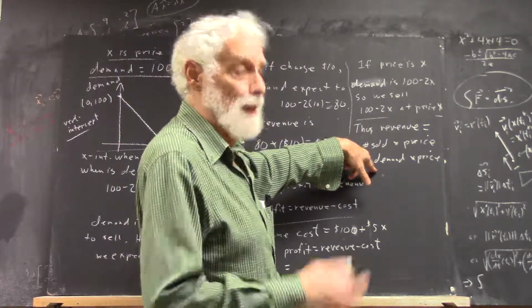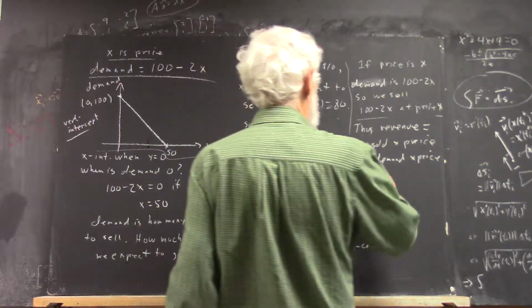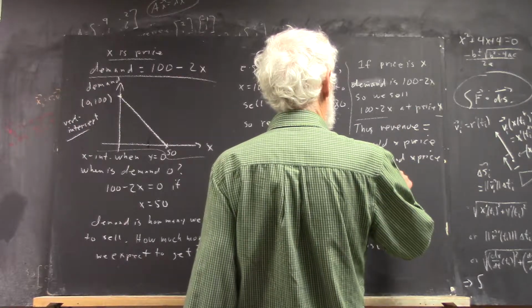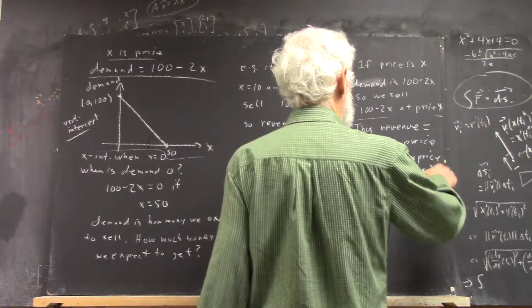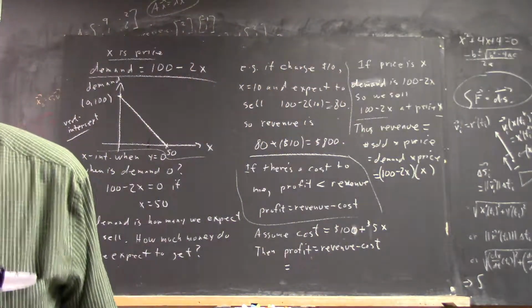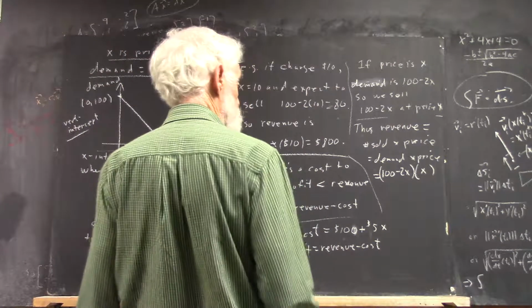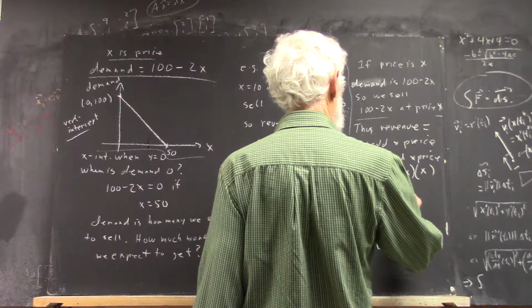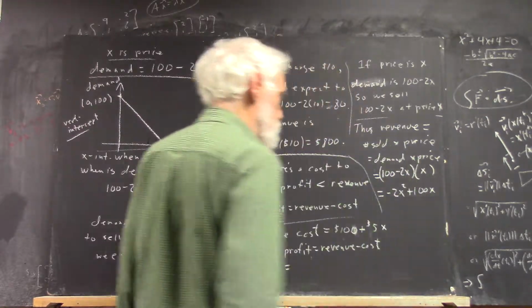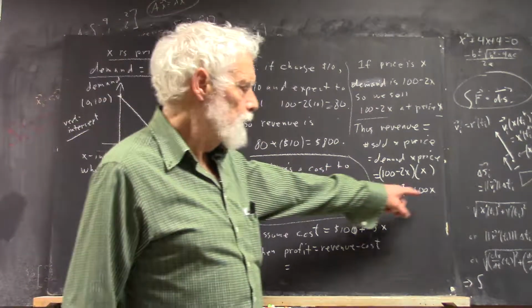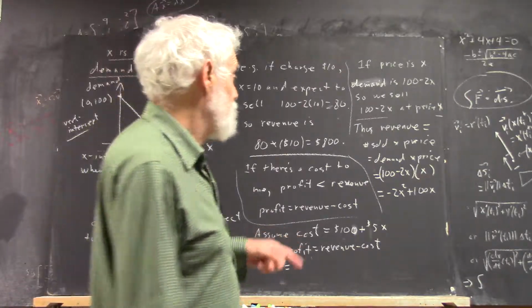Whatever demand is, that's how many we expect to sell. That's what demand means. And that equals 100 minus 2x multiplied by x. That's negative 2x squared plus 100x. I'm losing my voice or something. Negative 2x squared plus 100x, right? That's revenue.